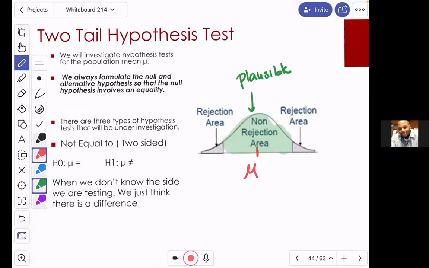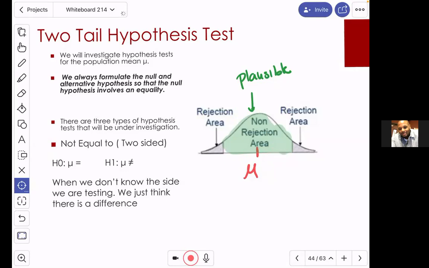But what can happen is X bar can be either too far to the left or too far to the right for us to actually believe it. For instance, if I say the actual mean is 70,000, most values should fall near 70,000. If I get a value of 66,000, maybe it's out here. If I get a value of 75,000, maybe that's out here.